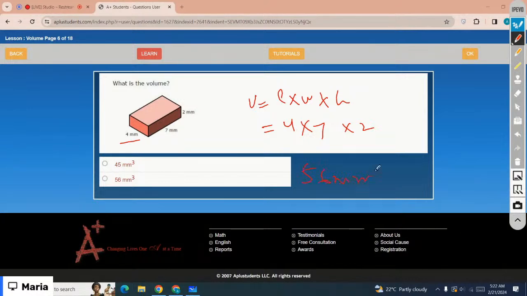The correct option is 56 millimeter cube. Got it?